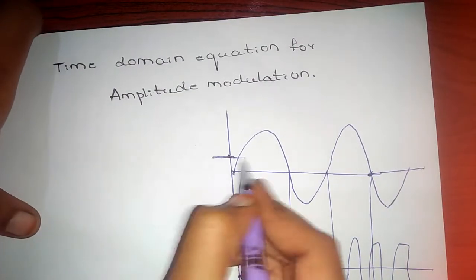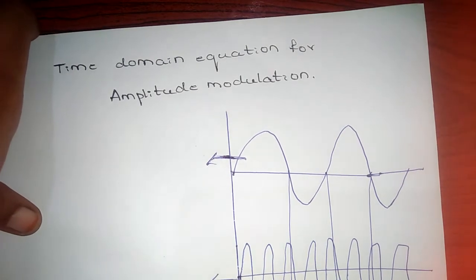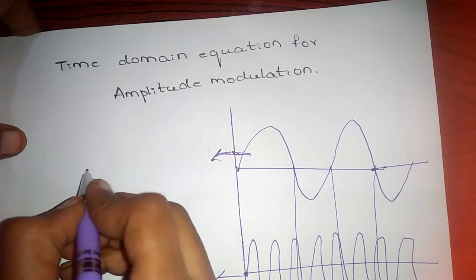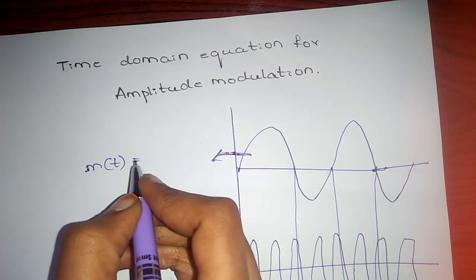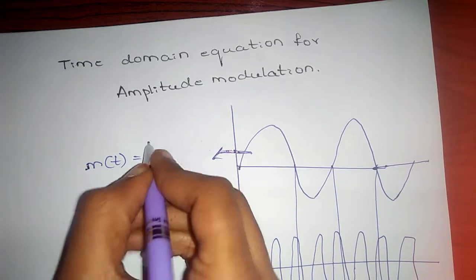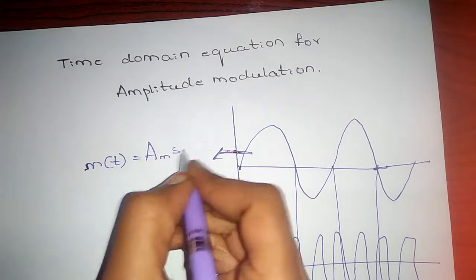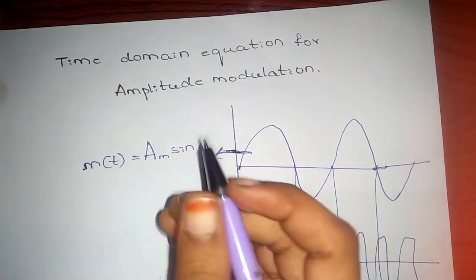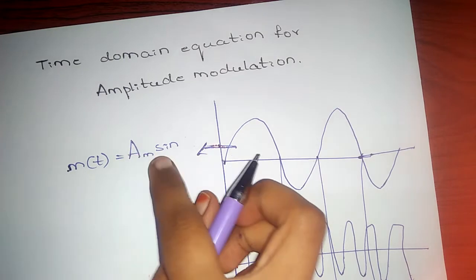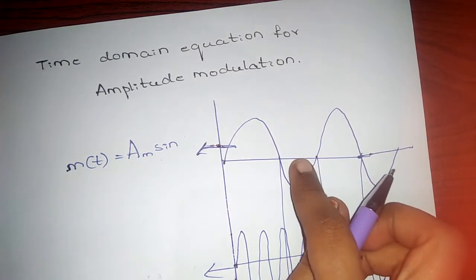Here this signal is represented as m of t. As it is sinusoidal, I represent it as a sine wave. So m of t is equal to Am sine omega m t, where Am is the amplitude of the signal.